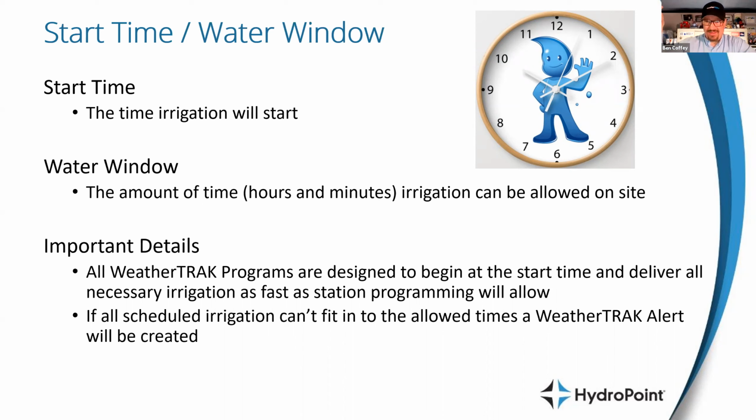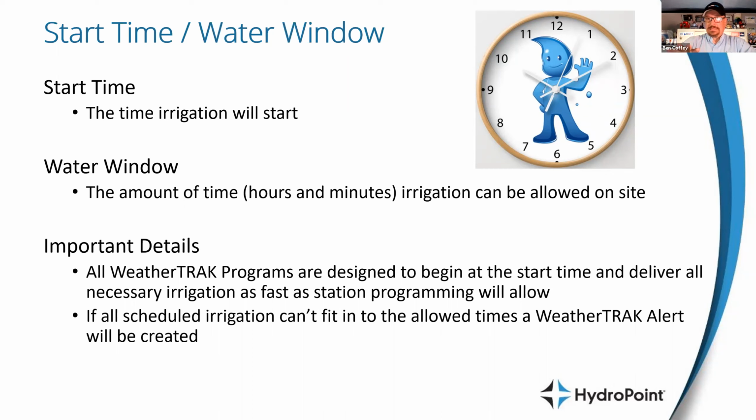Start time is the time your program absolutely will start. And the water window is the time that we can allow that irrigation to happen out on site. So if, for example, I had a big property and I couldn't irrigate between the hours of 11 and 7, I would have a 7 p.m. start time and a, what is that?